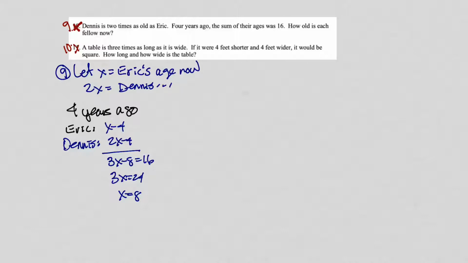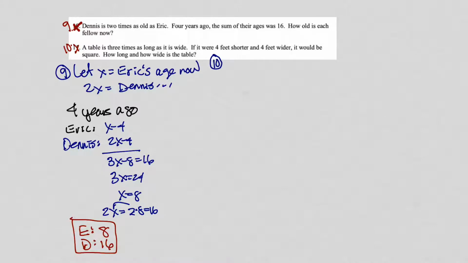So X is Eric's age now, and if we multiply that by 2, we get 2 times 8 is 16. So let's summarize. How old is each now? Eric right now is 8, and Dennis right now is 16.